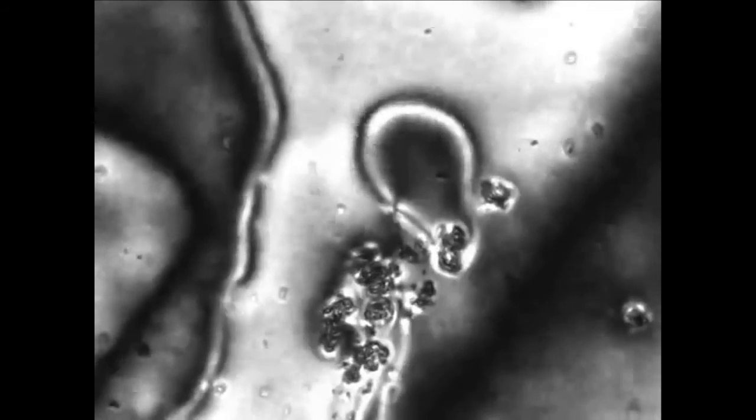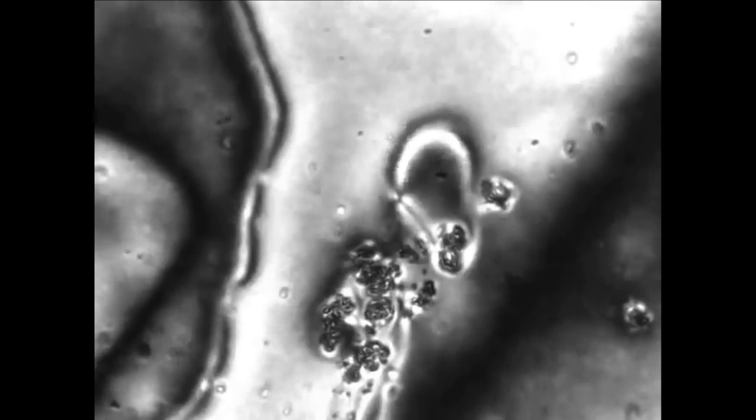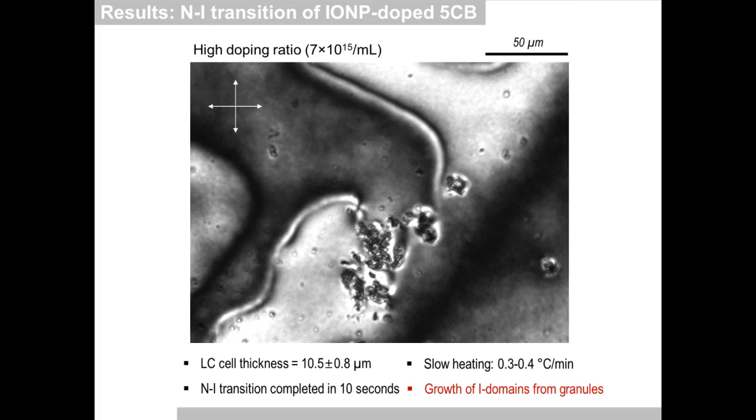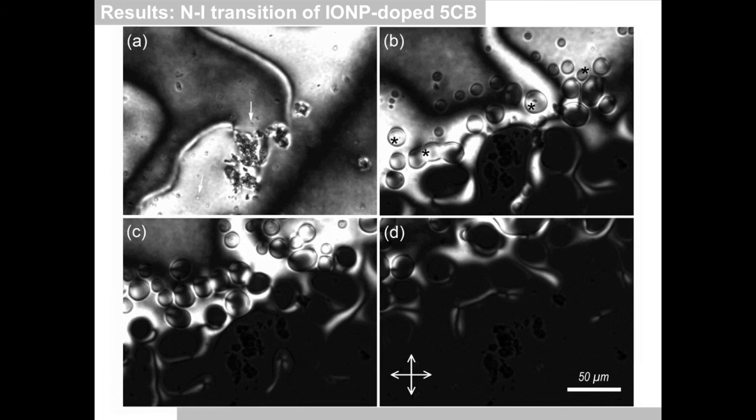This is the case of higher doping ratio, where more granules are found in the nematic matrix. With the same cell thickness and heating rate, we observe more inhomogeneous front between nematic and isotropic regions, and see the growth of isotropic domains from the granules, which can be exemplified as shown on this page.